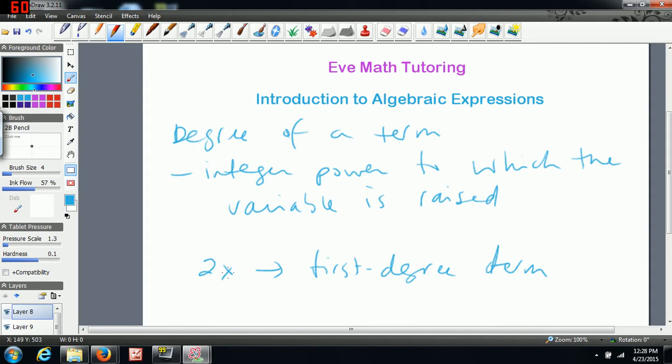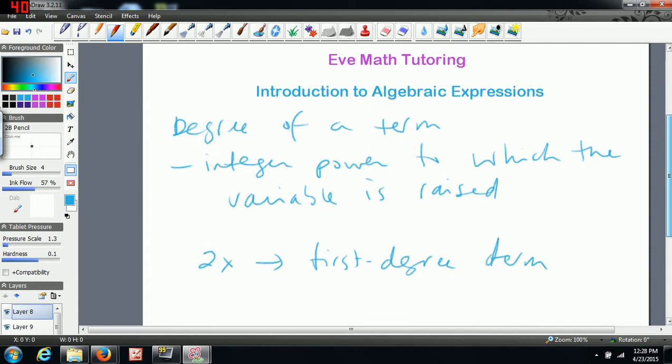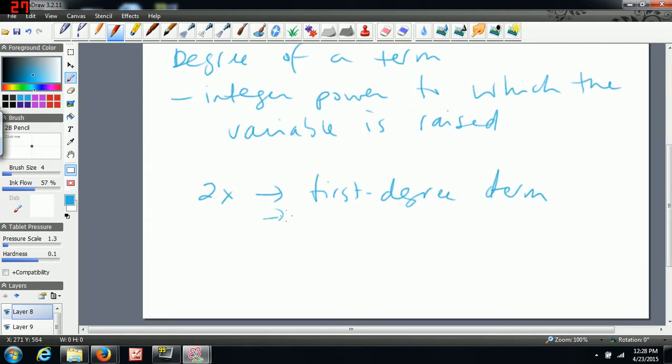So the degree of this term is just 1. If we have 3x squared, the degree of that term is 2. This is a second degree term.